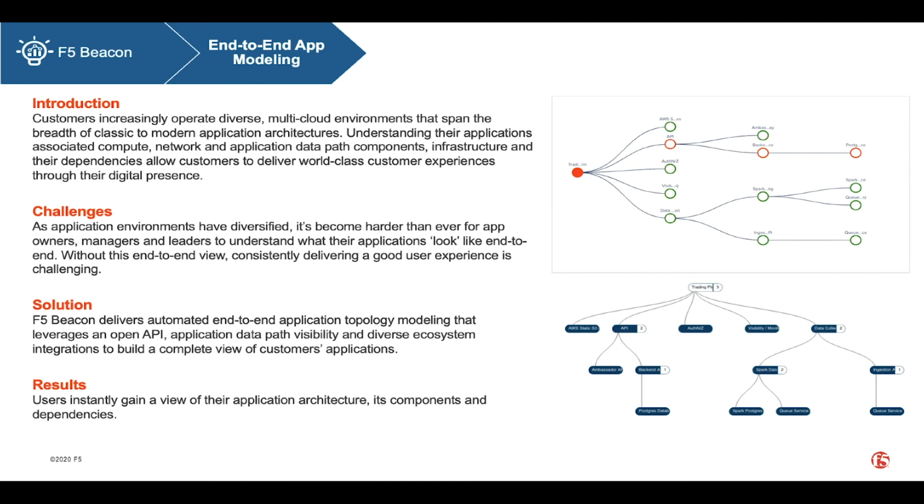This can be accomplished by leveraging Beacon's simple and intuitive UI or via our declarative APIs, which are recommended for customers with large inventory of applications. Also, we're able to do auto-discovery of application topology when leveraging our native integrations, for instance, with F5 BigIQ. Modeling an application is the first step to gain end-to-end visibility.